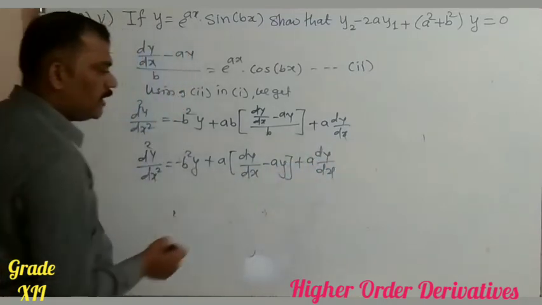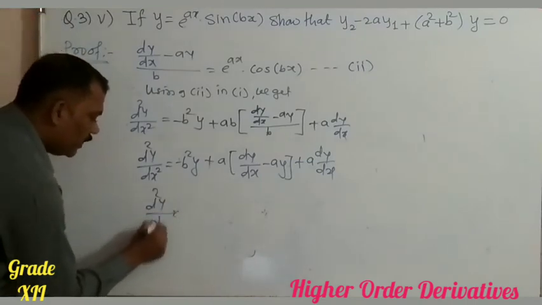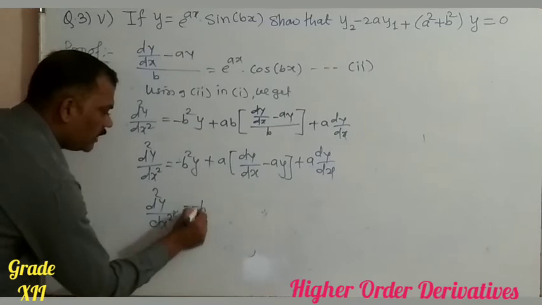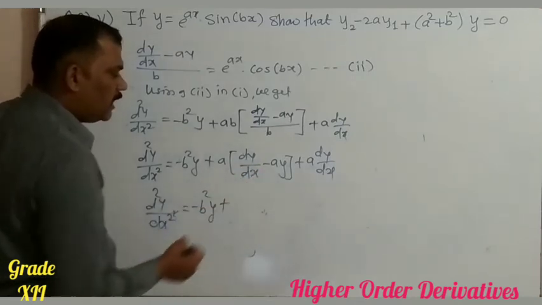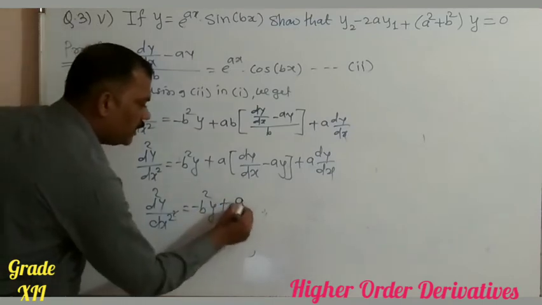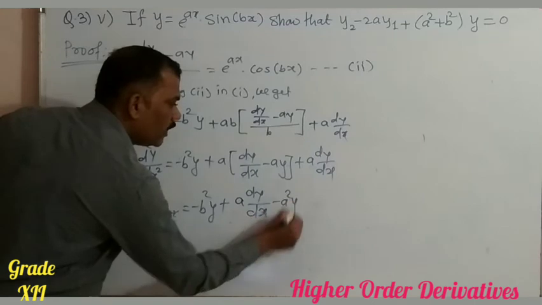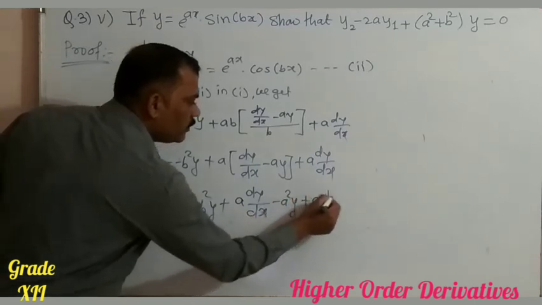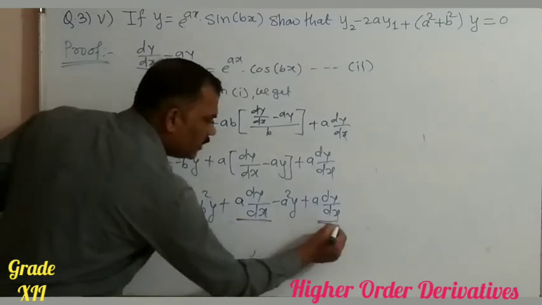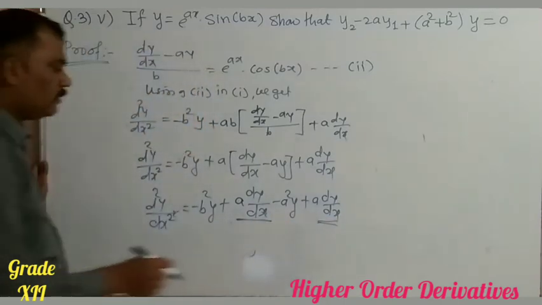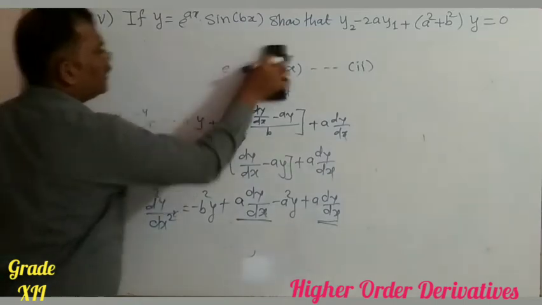If we multiply inside the bracket by a, we get d2y by dx square is equal to minus b square y plus a into dy by dx minus a square y plus a into dy by dx. Here a into dy by dx plus a into dy by dx is nothing but twice a into dy by dx.